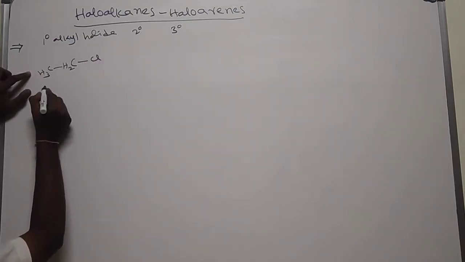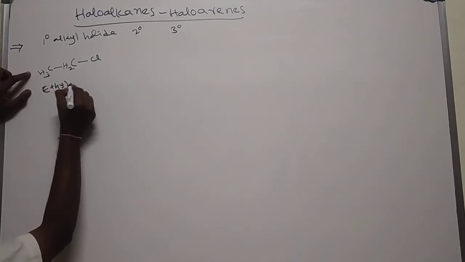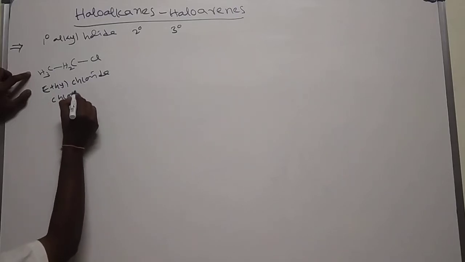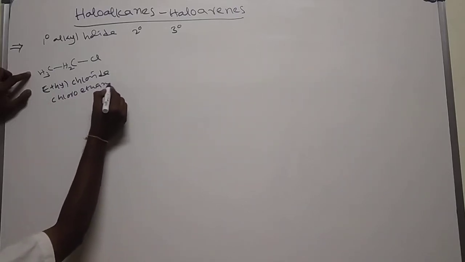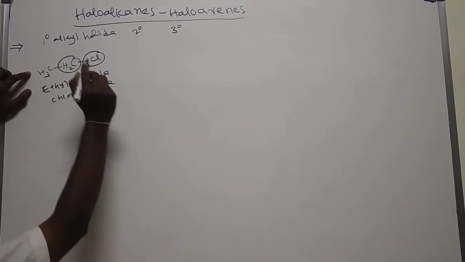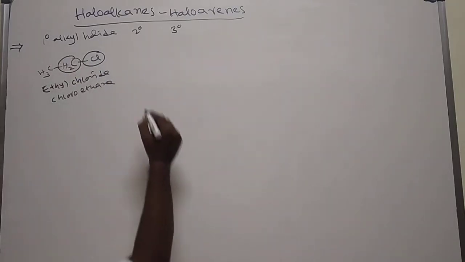Example for this: ethyl chloride or chloroethane. Here the halogen is attached to the primary carbon, so we call it a primary alkyl halide.